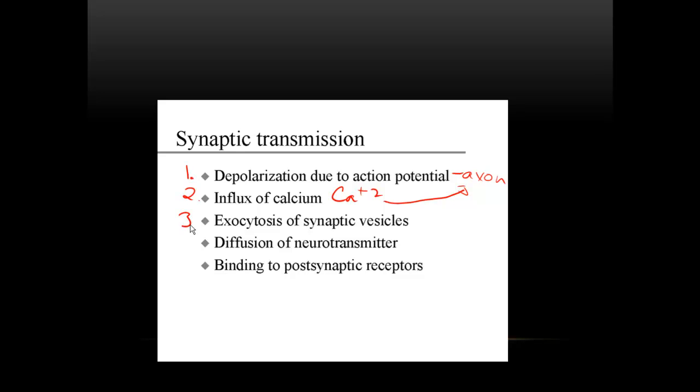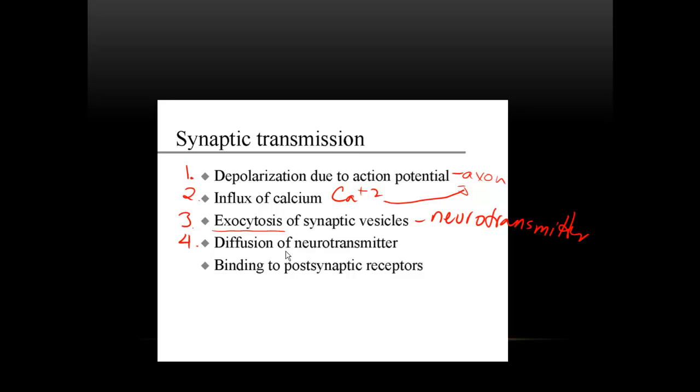This is going to cause the vesicles to move to the membrane and allow for exocytosis, active transport of the synaptic vesicles that contain the neurotransmitters. So the neurotransmitters exit the cell by exocytosis.